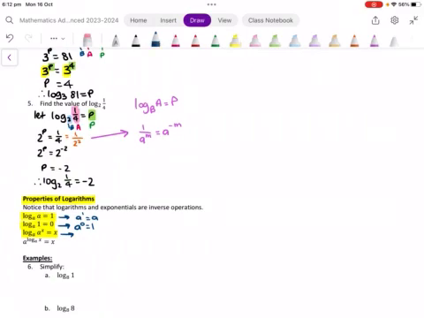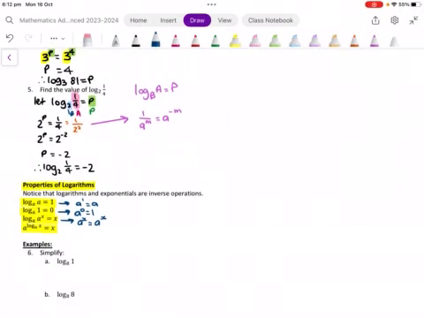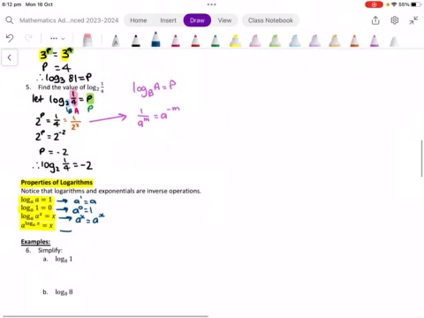So if I look at my base a, my power is x, it equals a to the x. And the last one here is a to the power of log base a of x equals x. And that is because if I change this into log form, I'll have log of my base a of x equals log base a of x.